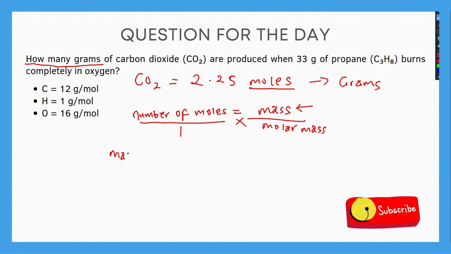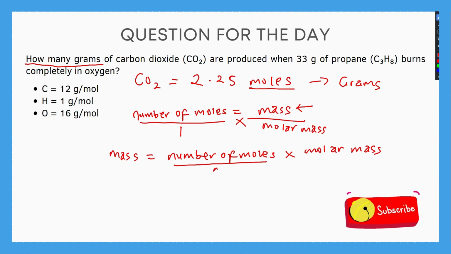Mass therefore will be equal to number of moles times molar mass. So now let's input our figures. The number of moles in this case is 2.25 times the molar mass. Molar mass of what? Carbon dioxide, CO₂.